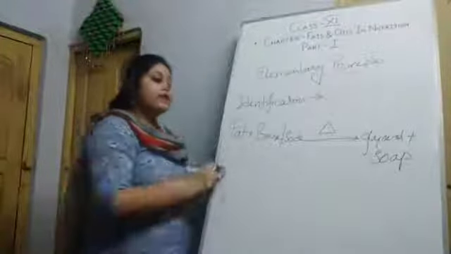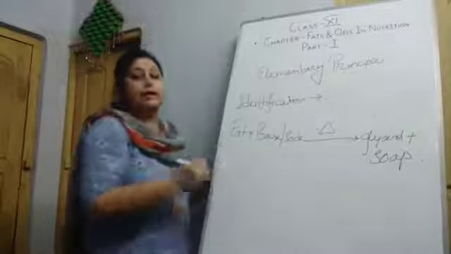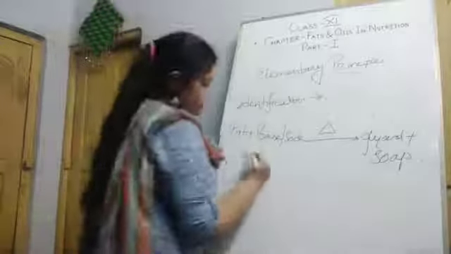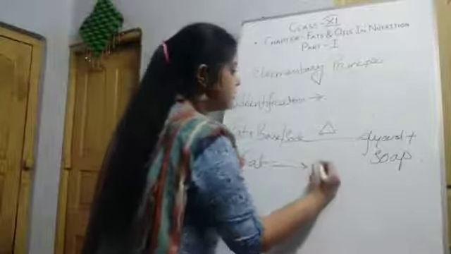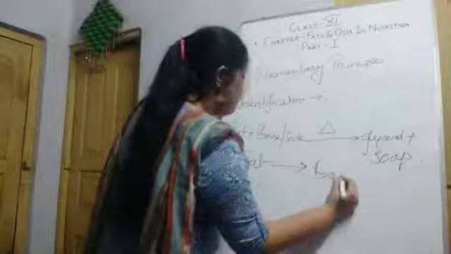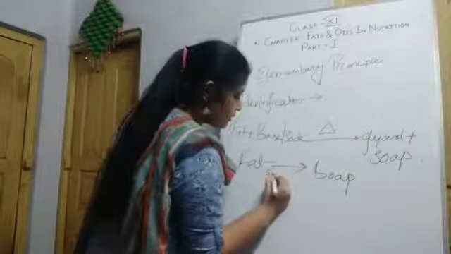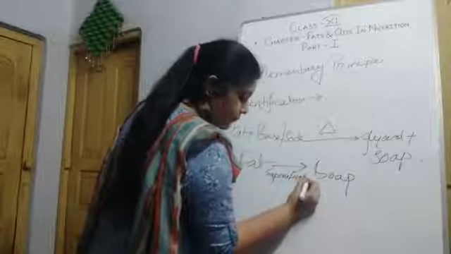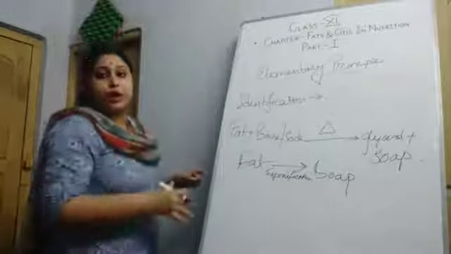If a soap can be produced from a fat, then it is called the saponification reaction. So if the soap is formed from the fat, it will be called saponification.